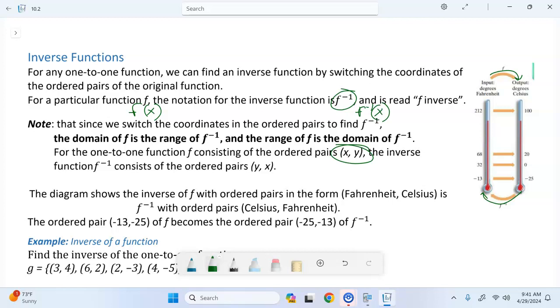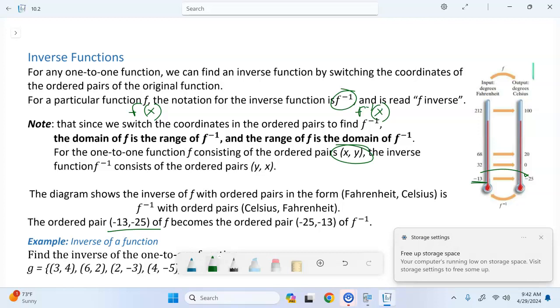We can see that on our diagram. If I have an input of 13 degrees Fahrenheit, I get an output of negative 25 degrees Celsius. That gives me the ordered pair, negative 13, negative 25. If I switch them, that gives me an input of negative 25 and an output of negative 13. It gives me a new ordered pair that is on the inverse.